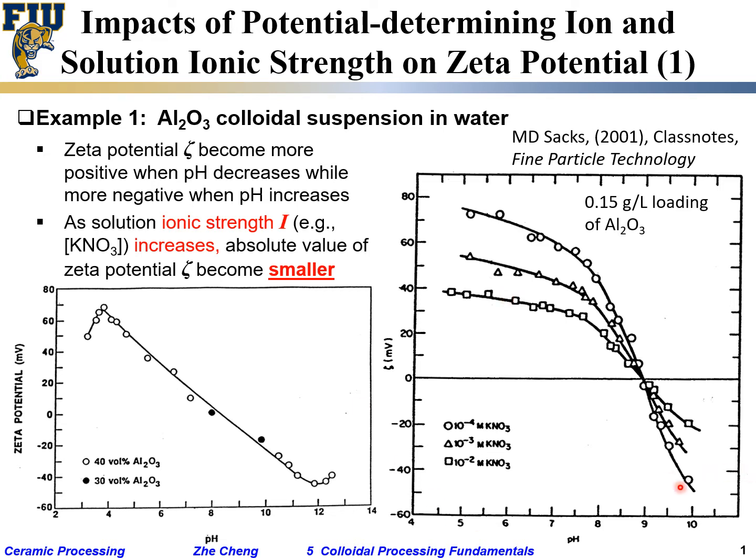Similarly, on the other side, at pH 10, from circle to square, I'm increasing electrolyte concentration at pH 10. At the same time, my zeta potential absolute value becomes smaller. Make sense? Which means I have a greater tendency to agglomerate, coming together.